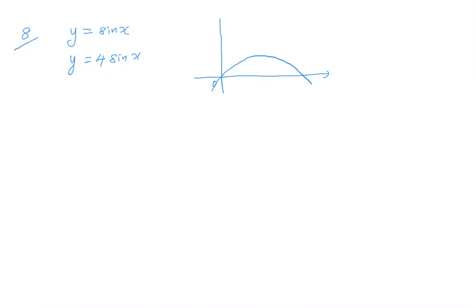C1 is y equals 4 sin x. Okay, this is C1. So C1 is which one? y equal to sin x or y equal to 4 sin x?